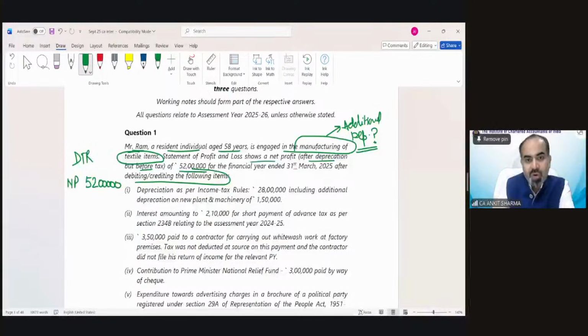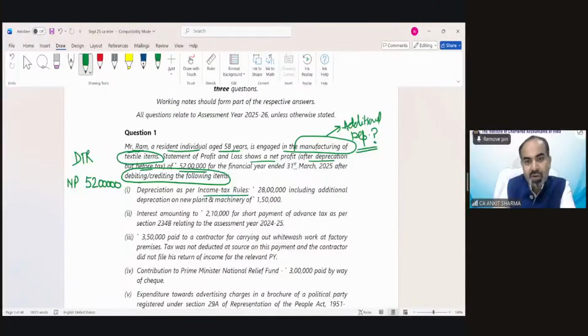So whatever items you are going to read, they have either been debited if they are expenditure or credited if they are income. So the treatment of the following items has already been done in this 52 lakh. If it is wrong treatment, we have to add back or reduce it accordingly.